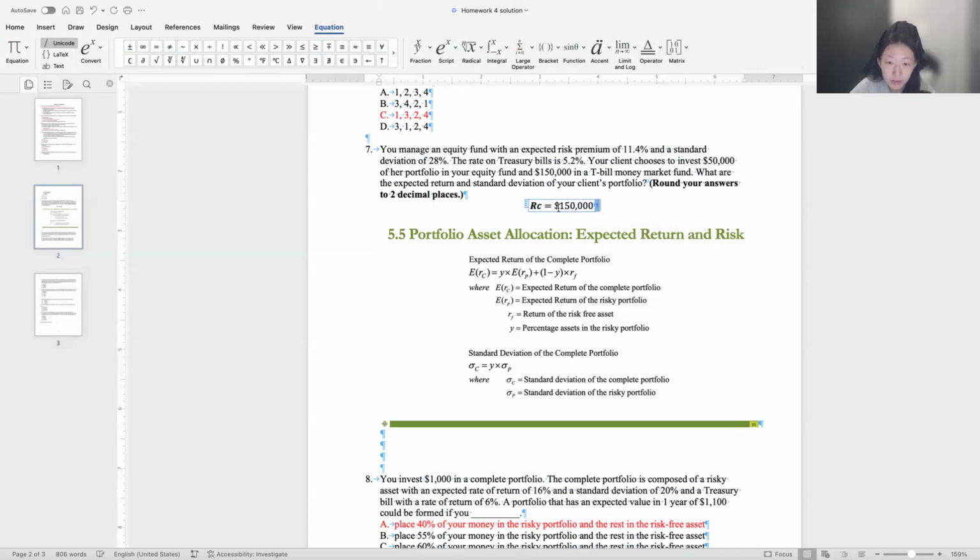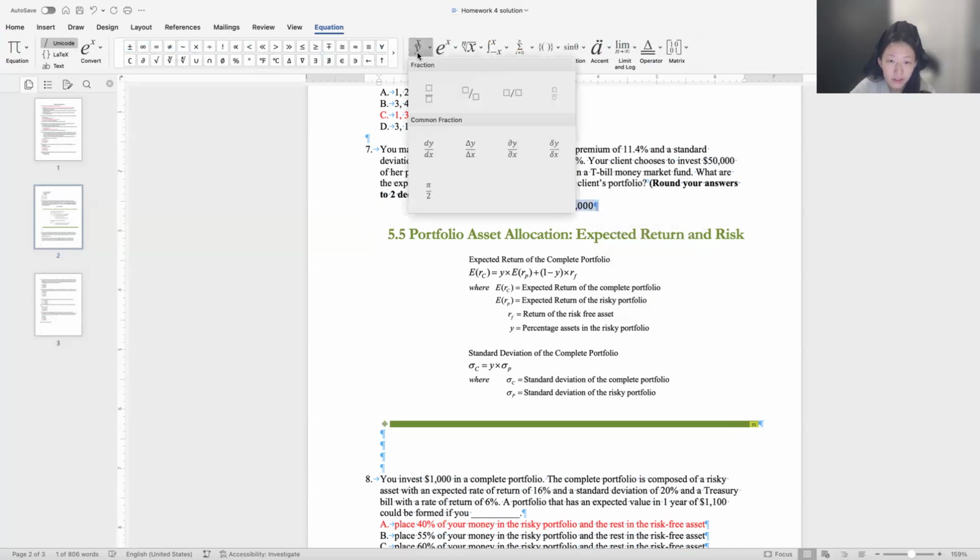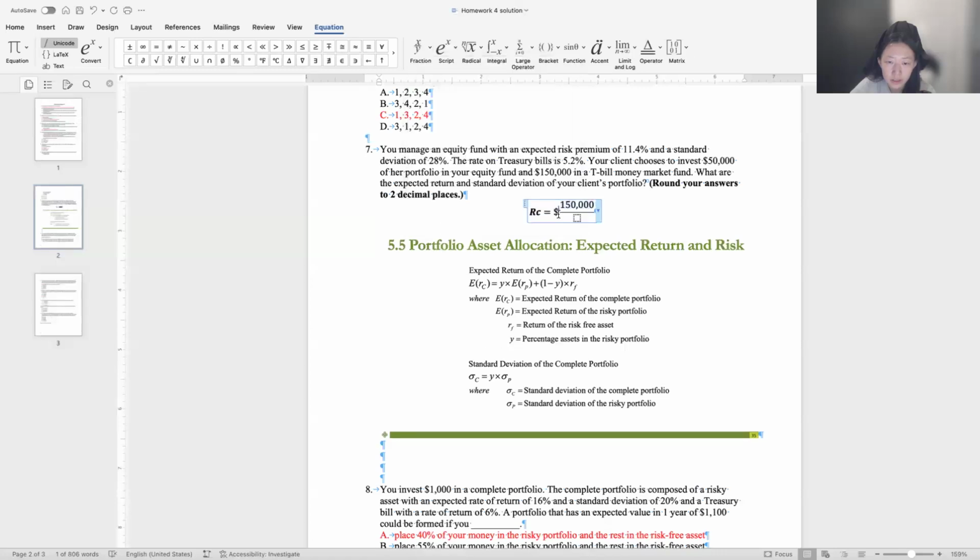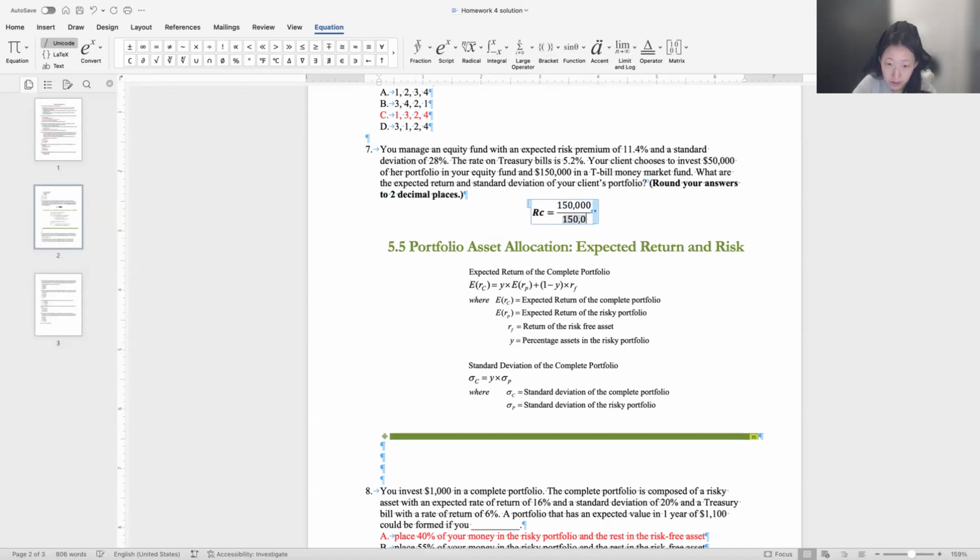So $150,000 is the numerator, and the denominator is the total investment. That will be the weight for the risk-free asset. So the first part is the risky asset's weight.